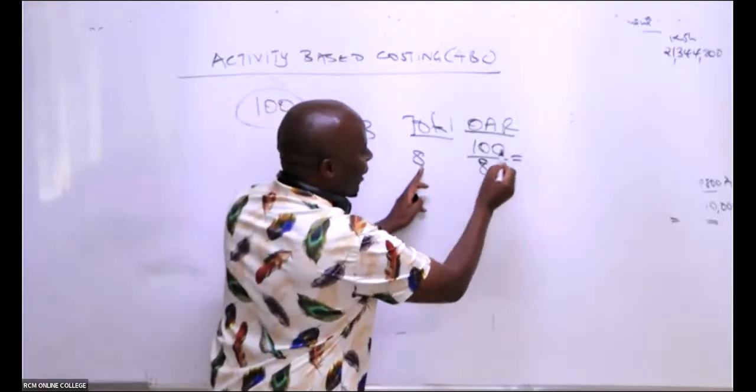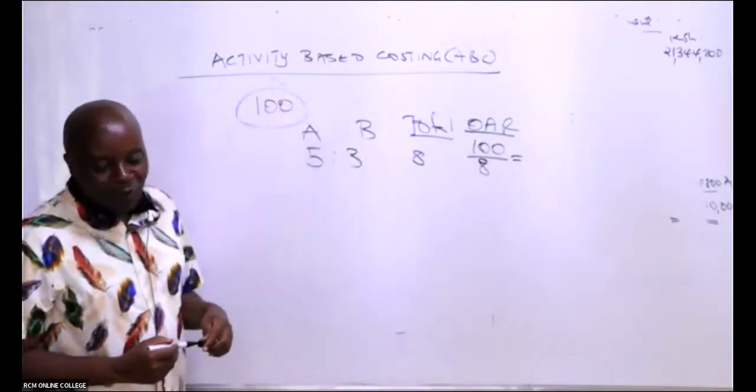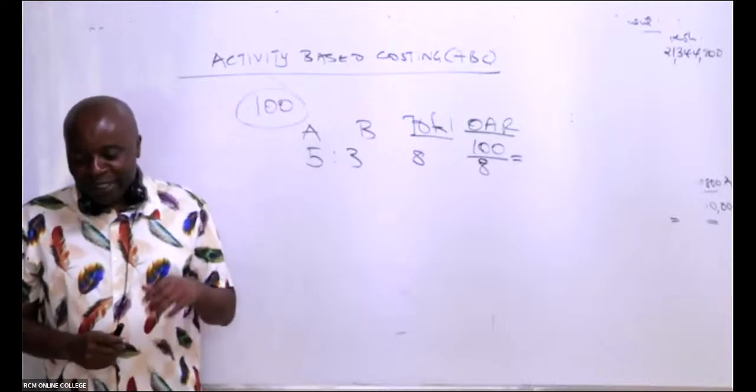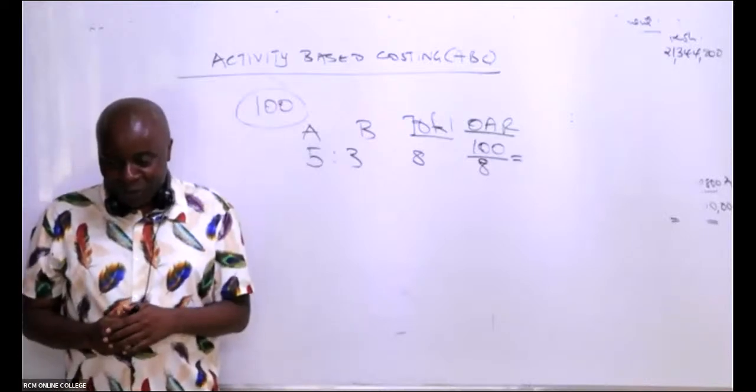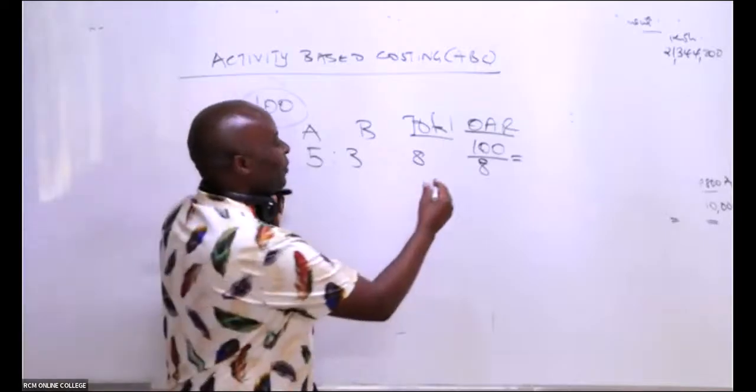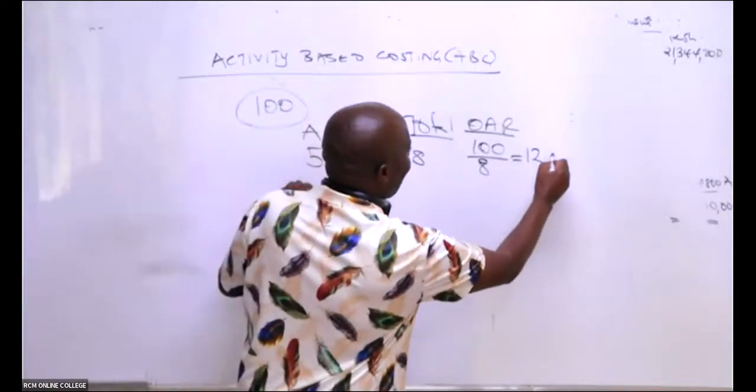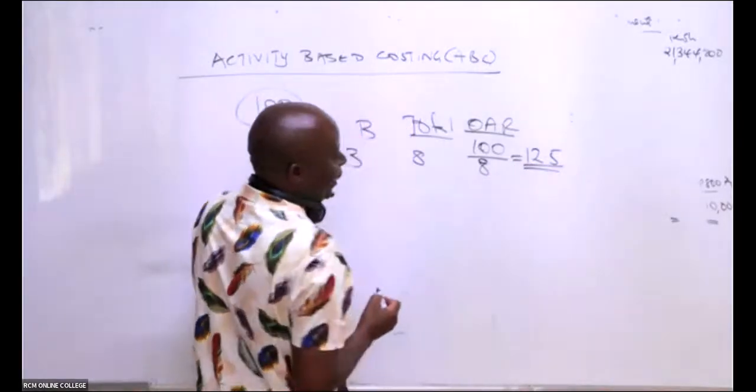So 100 divided by what here, somebody? 8. What is 100 divided by 8? 12.5, isn't it? So this gives me 12.5 per unit of the activity.